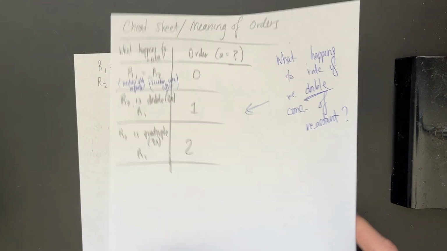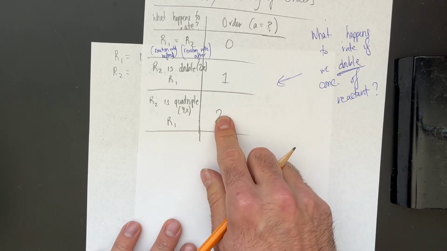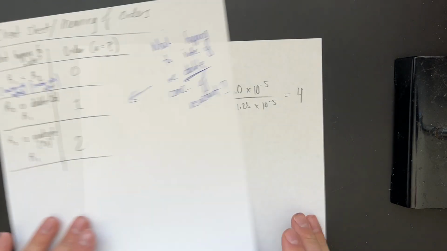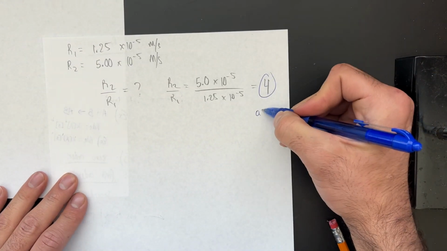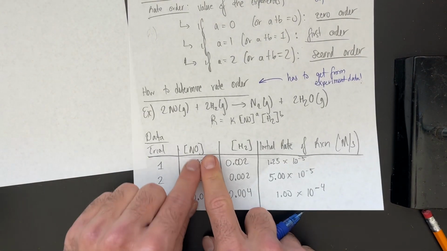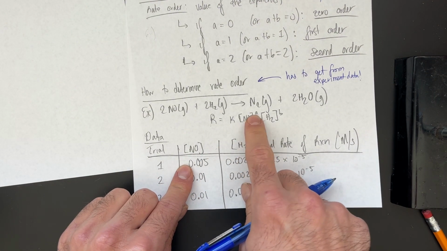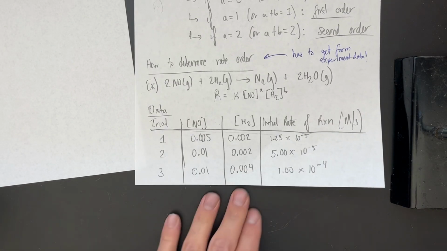Well, what does that mean? If R2 is 4 times bigger than R1, that means that the order is 2. And so here, A is equal to 2, that exponent should be equal to 2. And so, great, that's very nice, very easy.